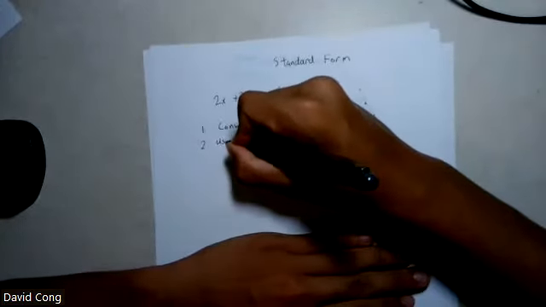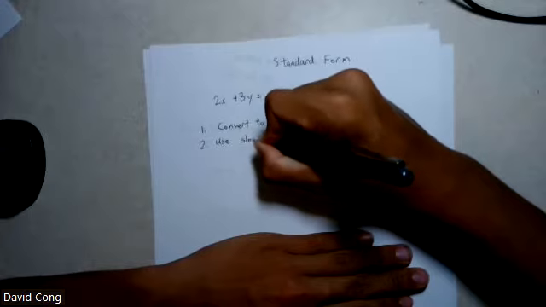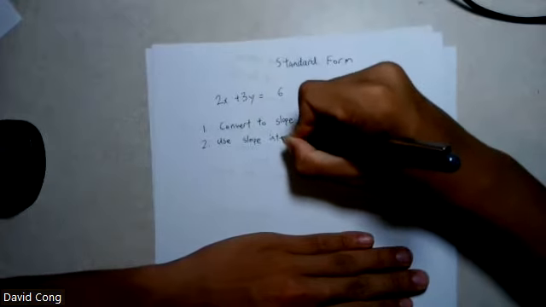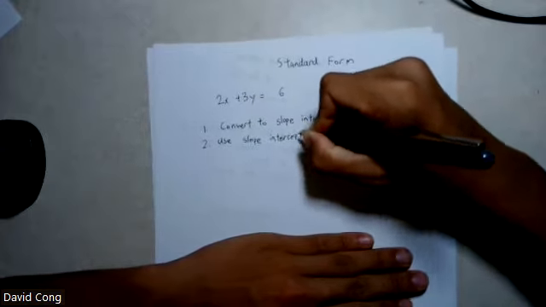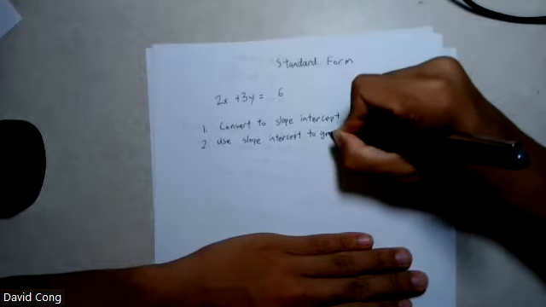And then just use, and then we use just slope intercept to graph. So that's how we want to graph a standard form.